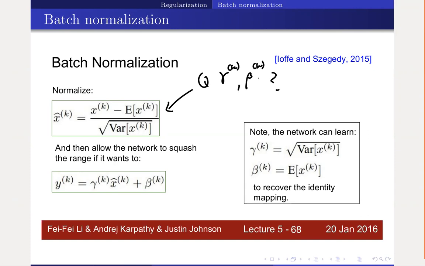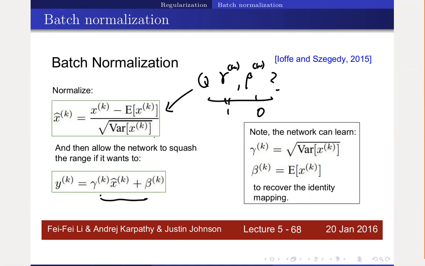What are gamma and beta here? Yes, I guess my question is not so clear. If it's good to shift to zero mean and unit variance, then when you train the variables, they should end up just being one and zero. This is not going to change anything.